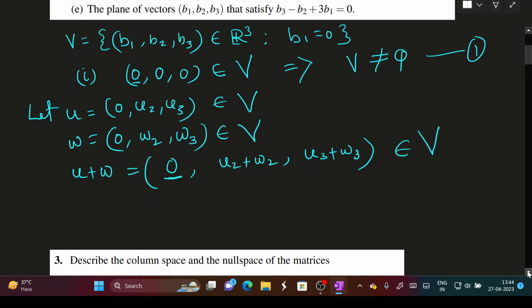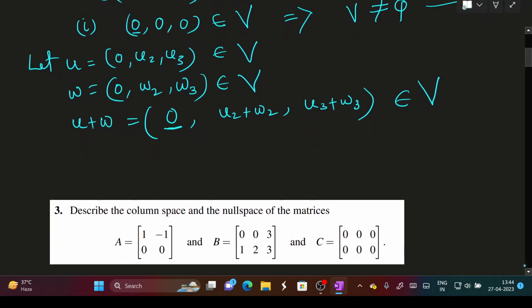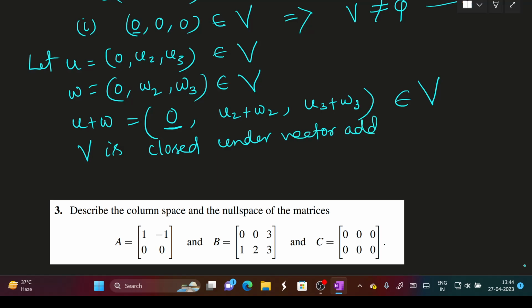Now what we have done: we have selected any two arbitrary vectors of V and we have added them, and the resultant is found in V. Hence V is closed under vector addition. Similarly, C times W is equal to (0, CW2, CW3).